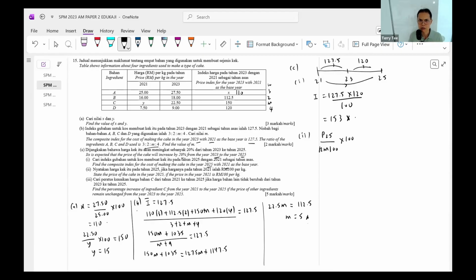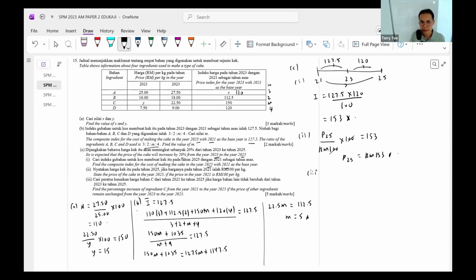It's very weird, right? 100 and 100, you can cancel it. So it's just 153, so the price is RM153. They shouldn't give 100 because 100 is too easy.